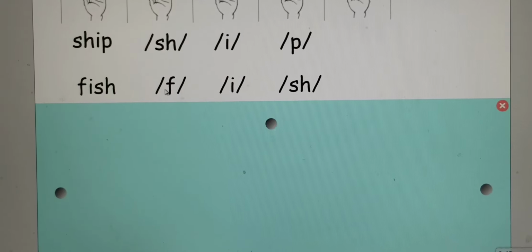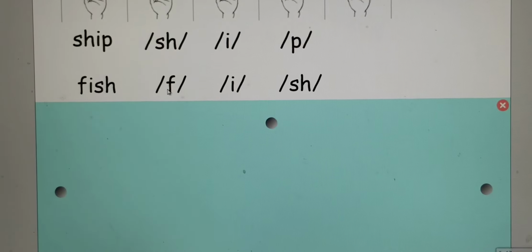Ready? You know what letter that is. What sound does it make? That's right. Then we have, that's right, the letter I. And what sound does it make? Eh, eh, eh. So we have f, eh, and the last sound, sh.